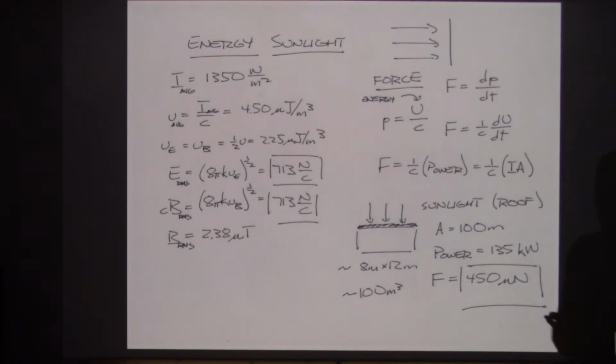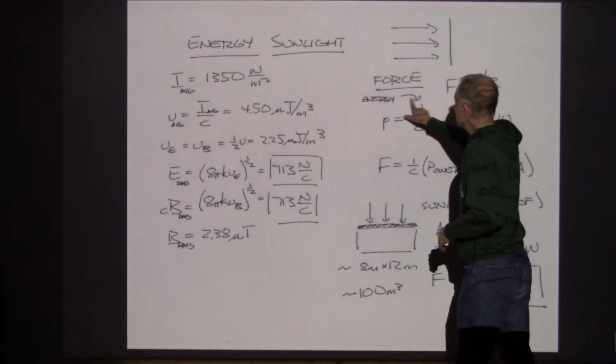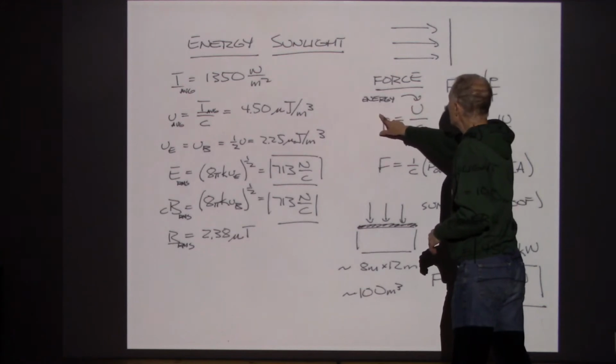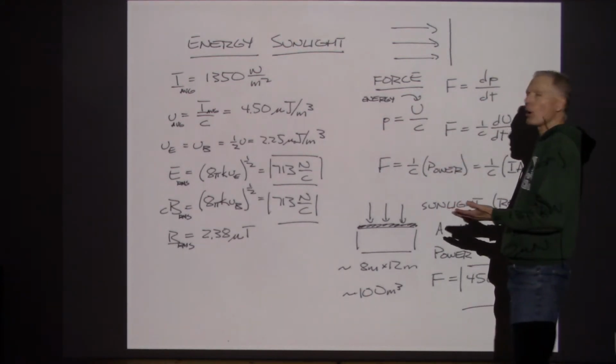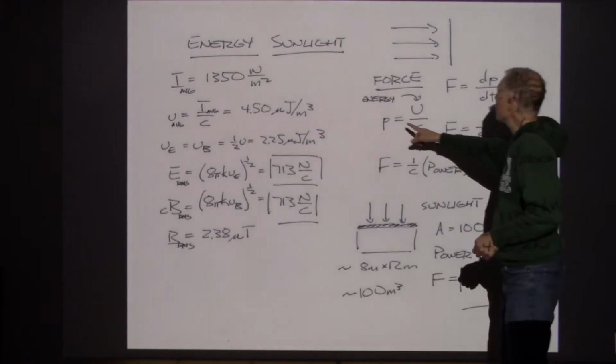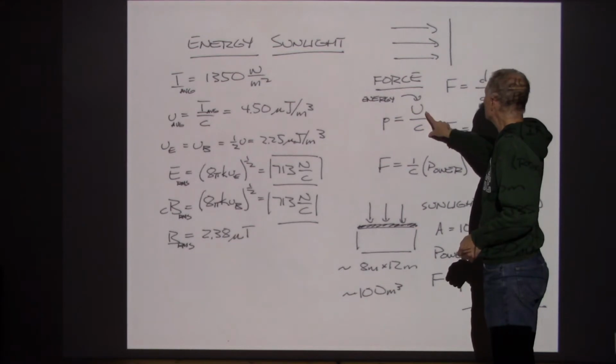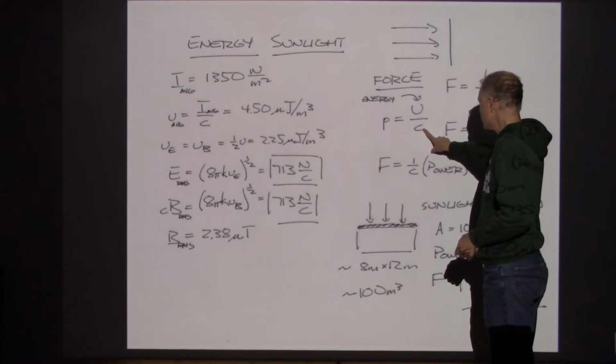So if the sunlight hits and it's perfectly absorbed, then all of the momentum that was in the light has now transferred into that object, and that will exert a force. Now, with light, we're going to see in a few weeks when we do special relativity that for massless particles, and photons are massless, the momentum is equal to their energy divided by c.